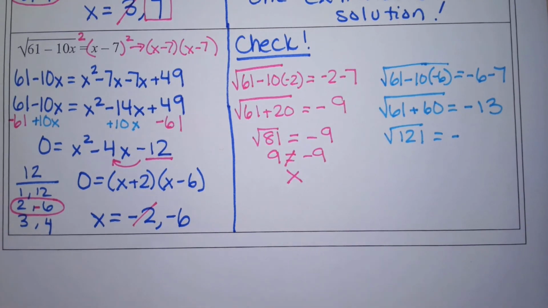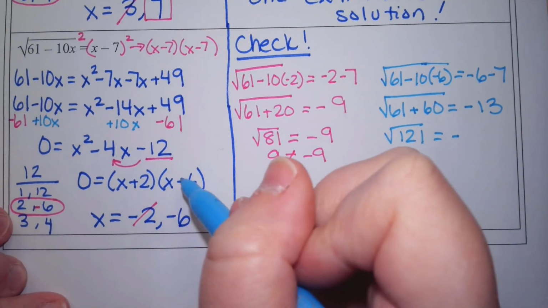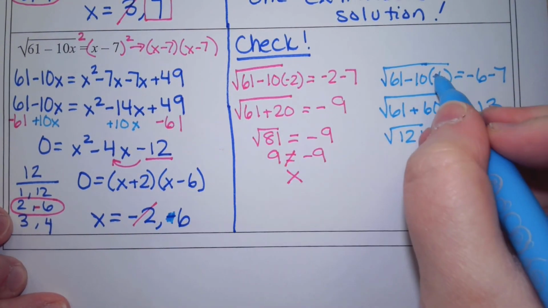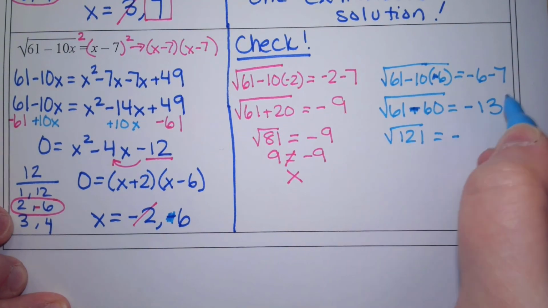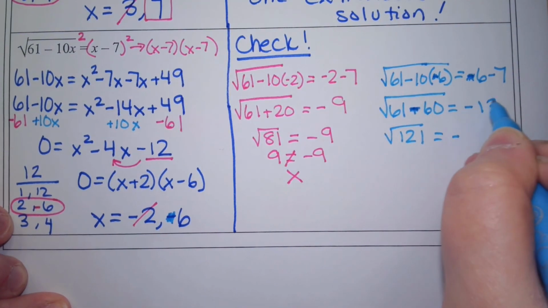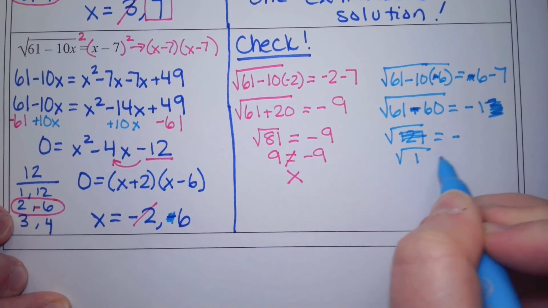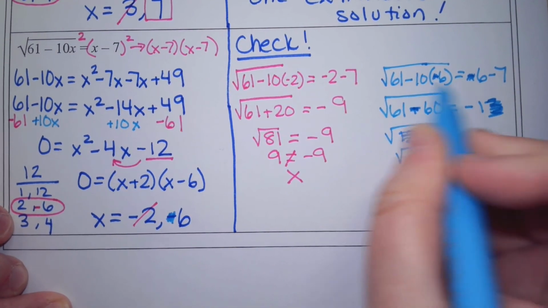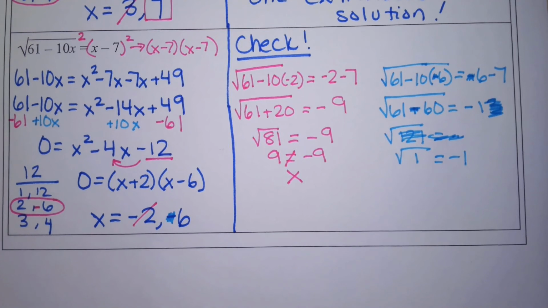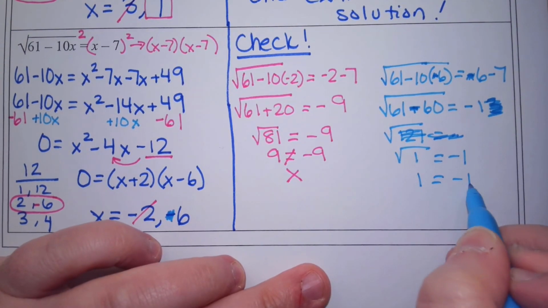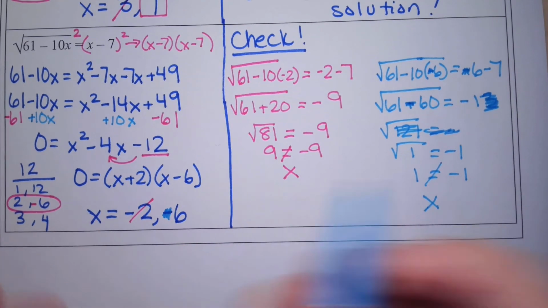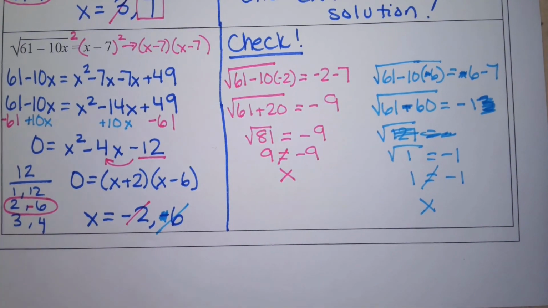Oh, I messed up. You guys might have caught it. This should be positive 6. So 61 minus 60 is 1, and 6 minus 7 is negative 1. Sorry about that, guys. And it was our last problem, too, where I have the mess up. 1 equals negative 1. It fails. So 6 also does not work.